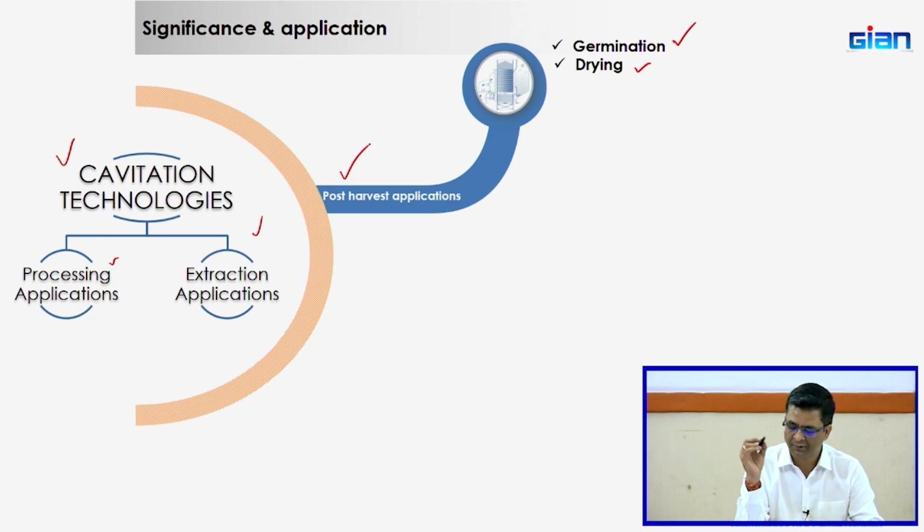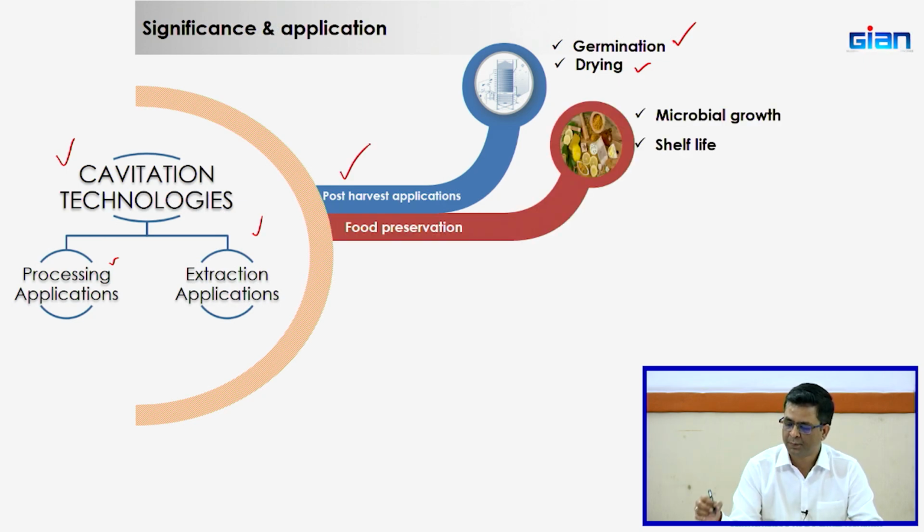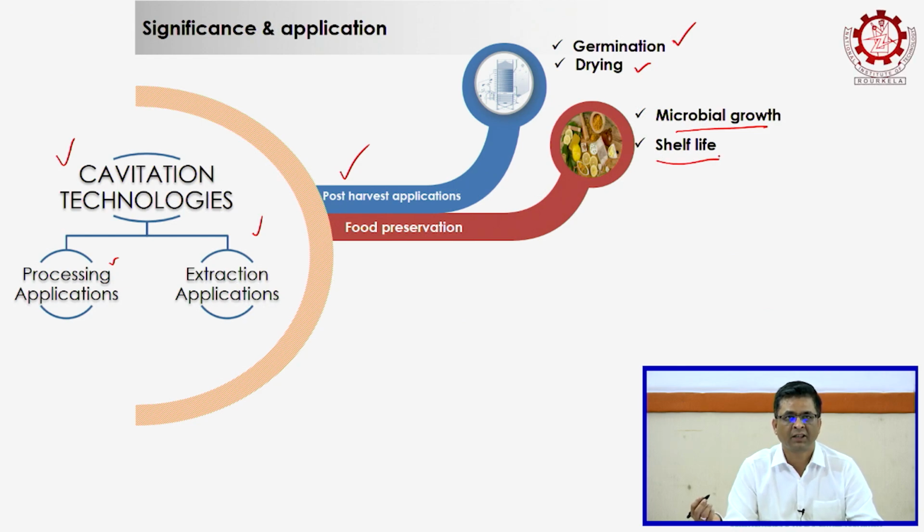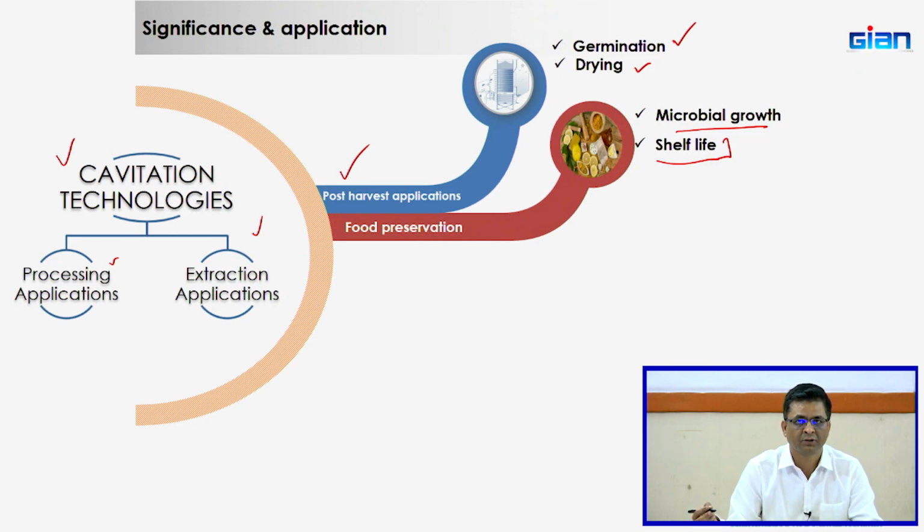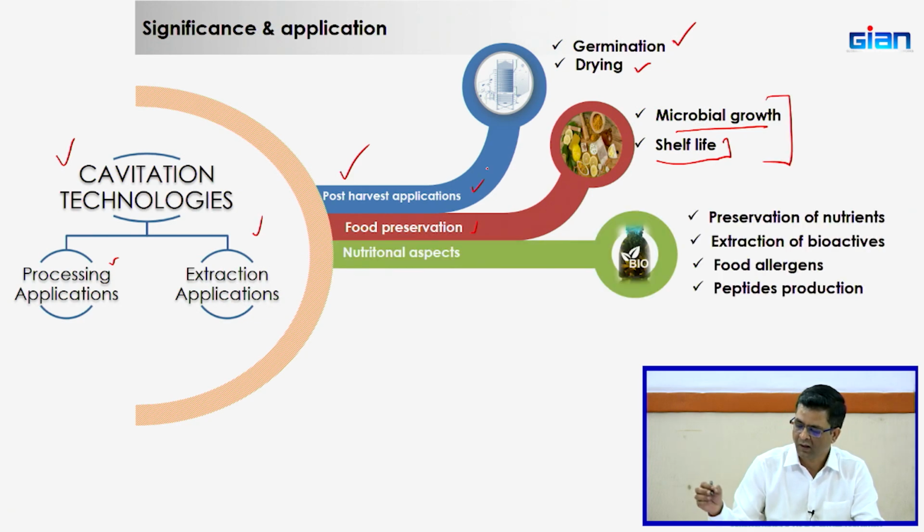So we have post harvesting operations, food preservation, microbial inactivation either by sonication or thermosonication, leading to improvement in shelf life of liquid, semi-solid and solid food products. So that is again food preservation. Nutritional aspect.